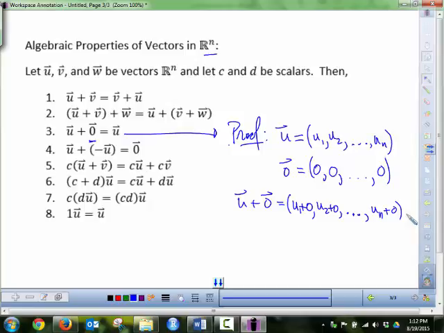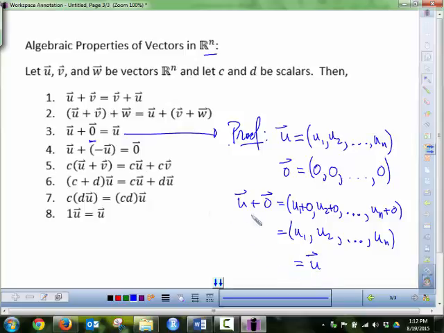And then from here, it becomes our usual arithmetic, the arithmetic we learned in kindergarten or whenever we learned arithmetic. A number plus 0, we know that's just the number. So this is u1, u2, dot, dot, dot, un, and that happens to be equal to the original vector u.